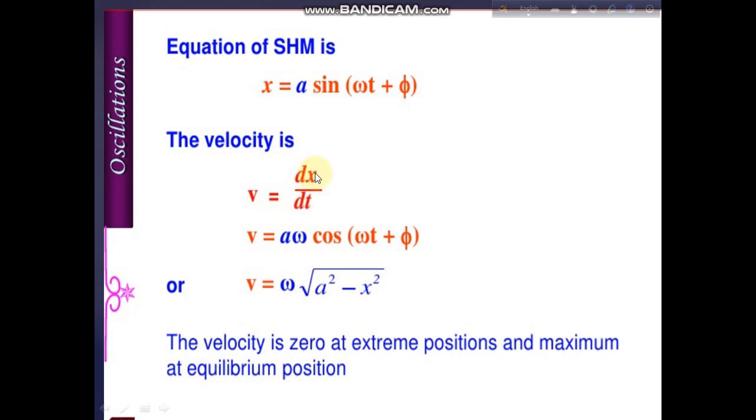Differentiating with respect to time, we get a omega cos omega t plus phi. From this equation you can write v equals omega root over a square minus x square. The velocity is 0 at the extreme position, and maximum at the equilibrium position.